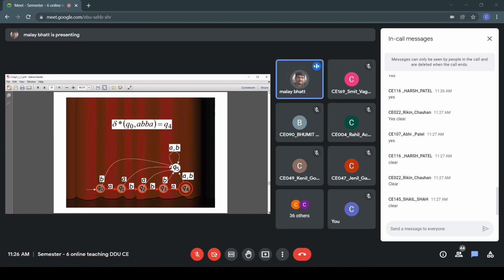Now it is delta star Q0 comma ABBA. If you traverse the string ABBA, four elements, then from Q0 I will get the state Q4.